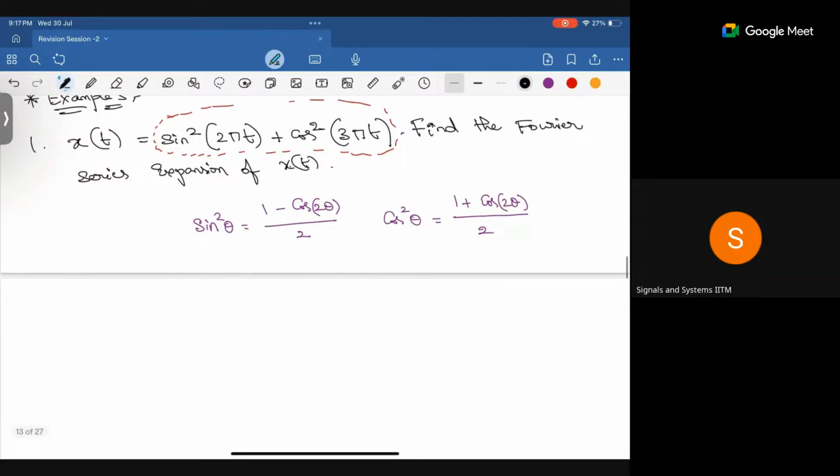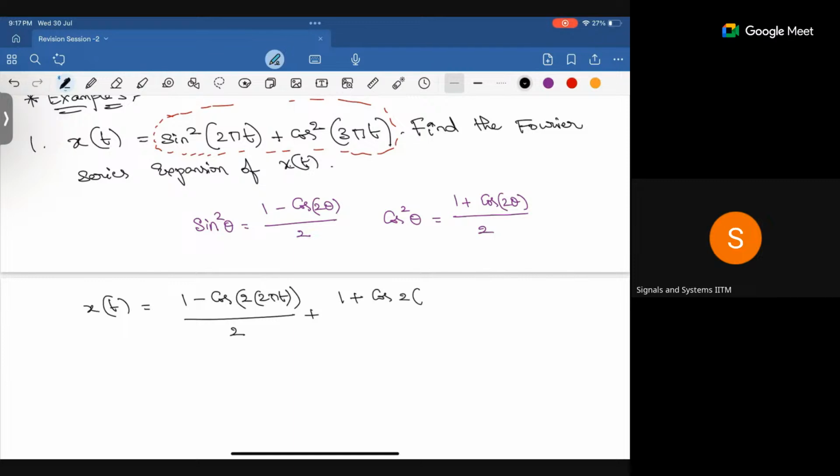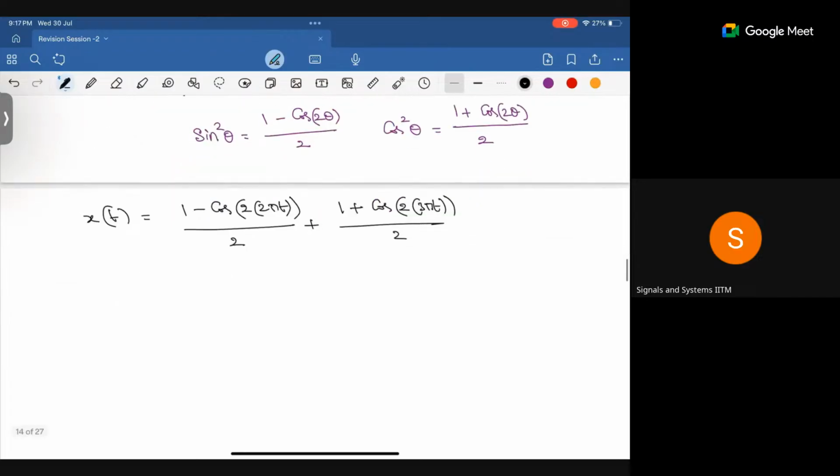If you use the same thing, we'll have x of t to be 1 minus cos of 2 times 2 pi t, divided by 2, plus 1 plus cos of 2 times 3 pi t, divided by 2.